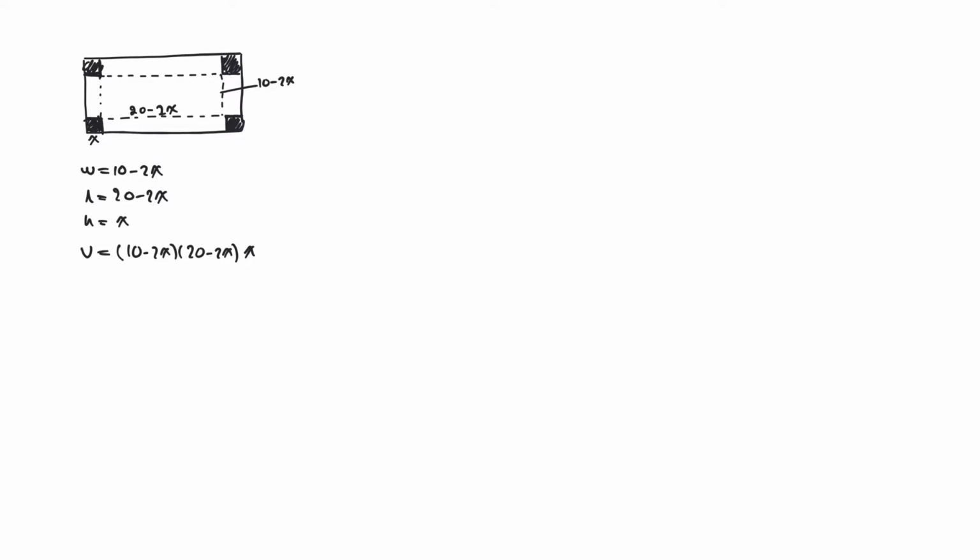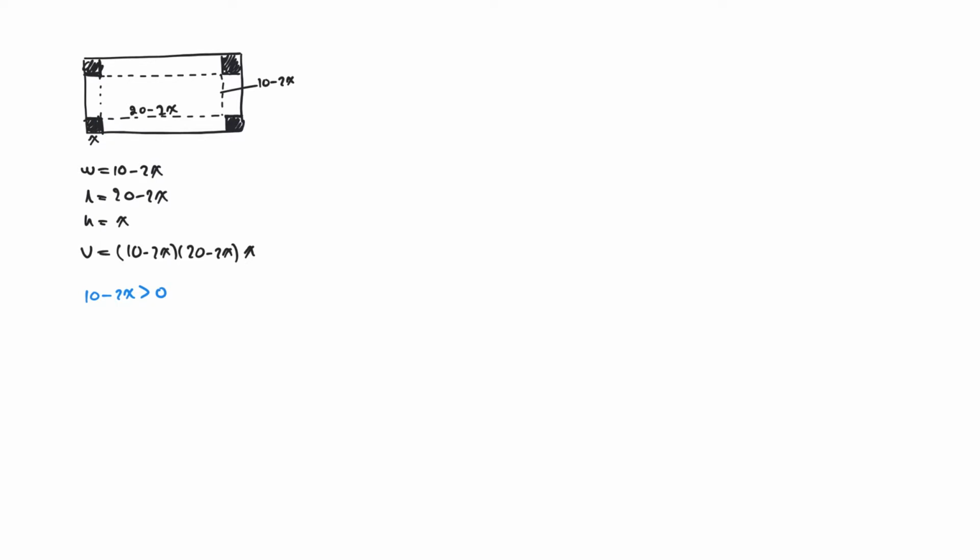To get that value mathematically, we use a little bit of logic and say that this side over here, which is our width, is 10 centimeters. And we know that 10 minus 2x has to be larger than 0, because this width always has to be larger than 0.